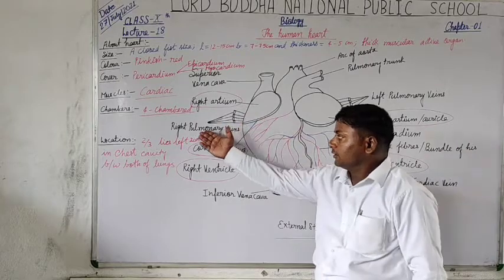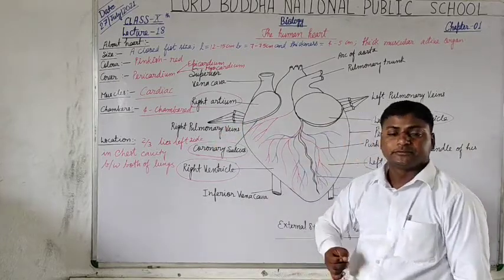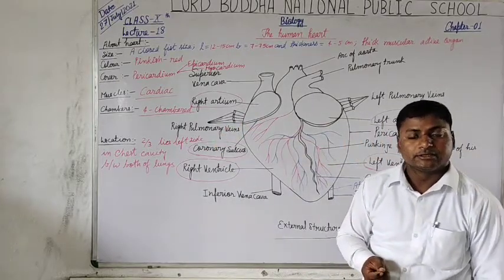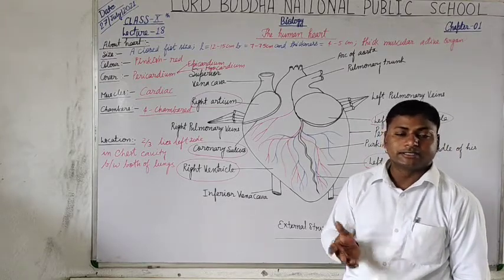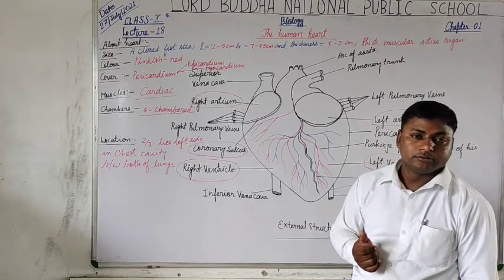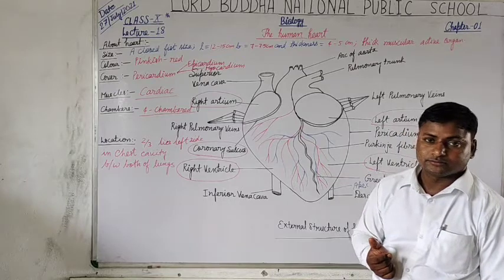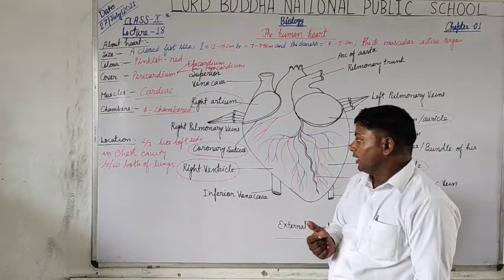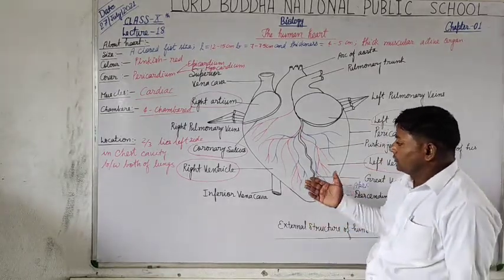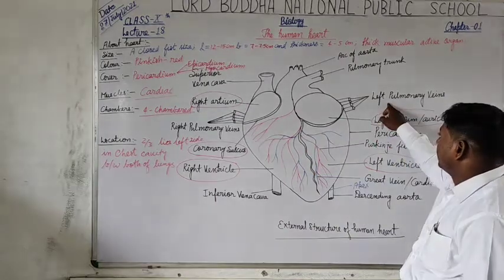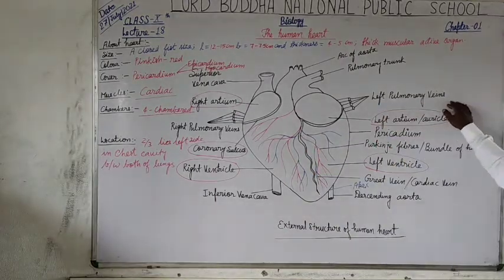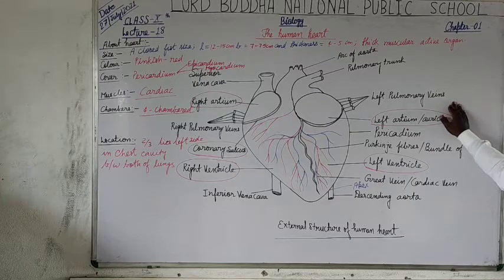These are the right pulmonary veins, which receive the oxygenated blood from the lungs, and this is the left pulmonary vein that also receives the oxygenated blood from the lungs.